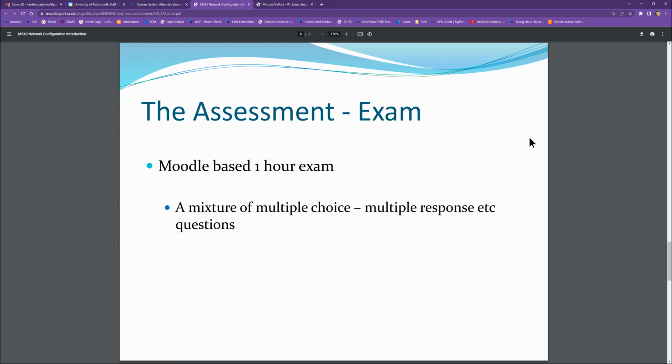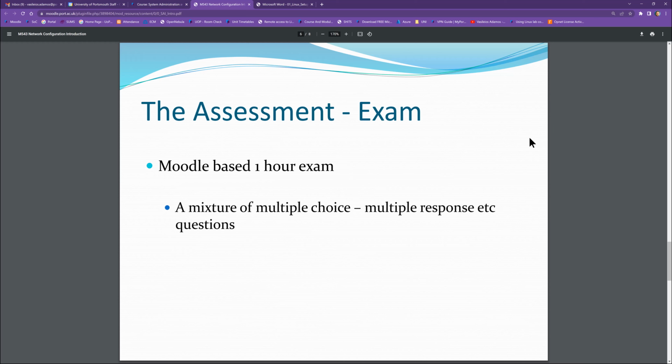The exam itself is a much simpler case. It's a 1-hour computer-based exam. It will have multiple choice, multiple response, and fill in the gaps questions. It is based on the material that we will have done in class. So there will be nothing in the exam that is, let's say, general theory about one of the technologies that we use.